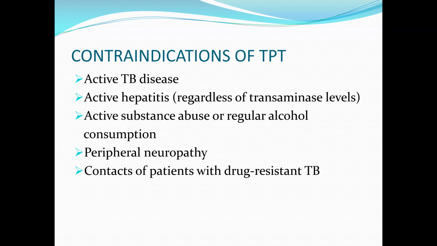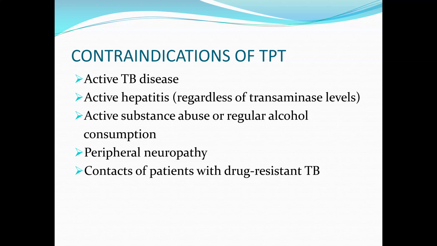Then we have the contraindications to giving tuberculosis preventive therapy. Before giving this prophylaxis, you need to exclude active TB disease through symptomatic screening. You also need to check that there is no active hepatitis, regardless of transaminase levels.